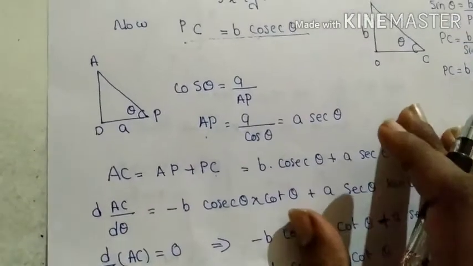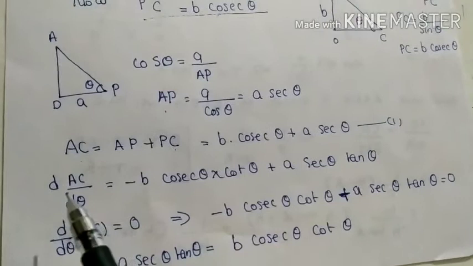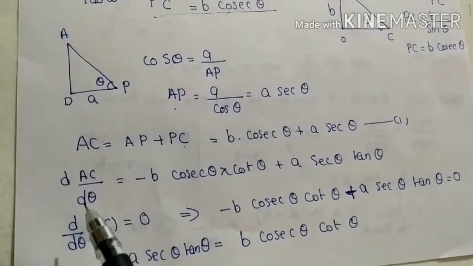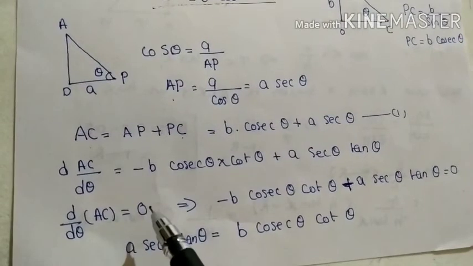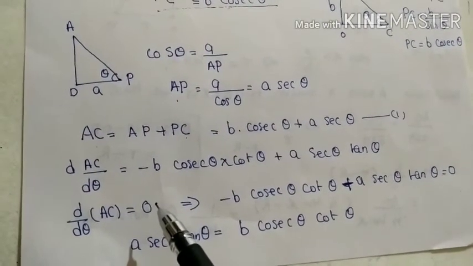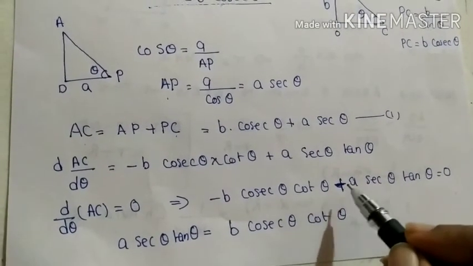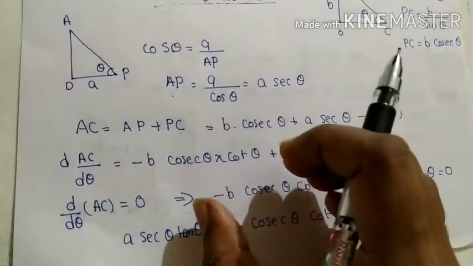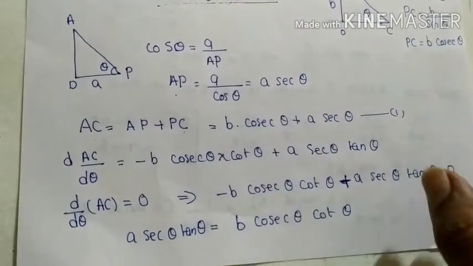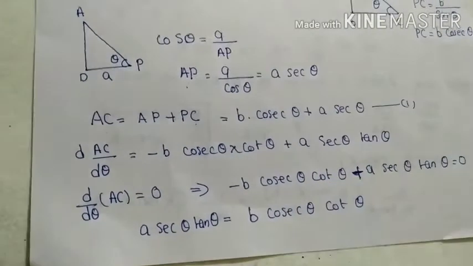And next we need to find the critical point. So putting d by d theta of AC equal to 0 for finding the critical point, we get minus B cosec theta cot theta plus A sec theta tan theta equal to 0. Taking this minus term to the RHS, it will become positive.